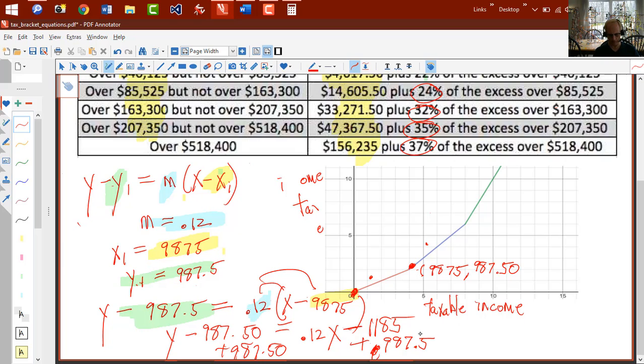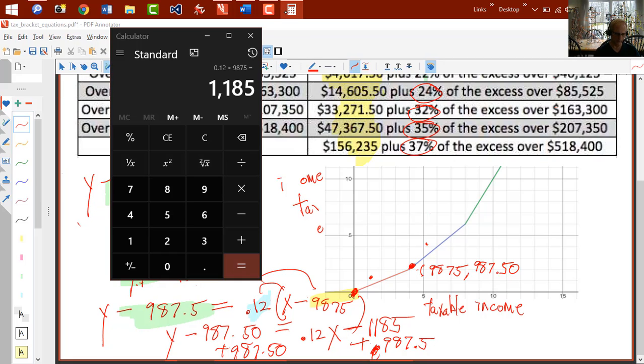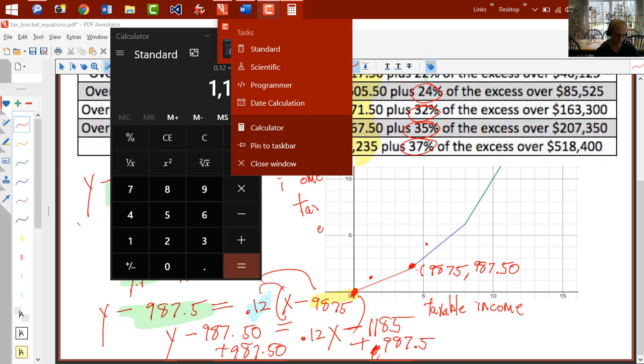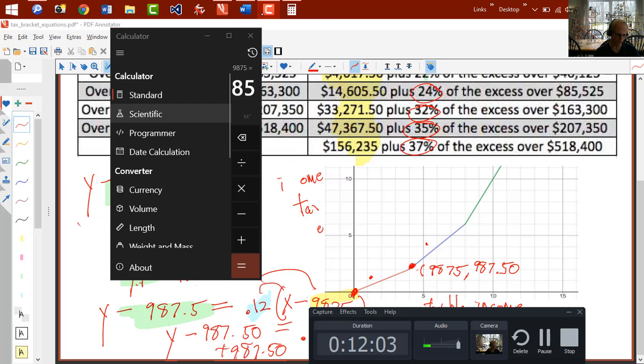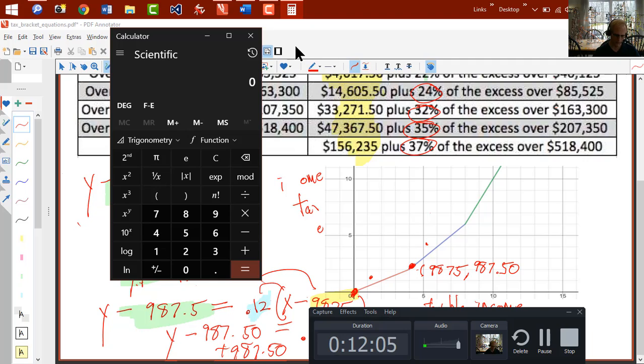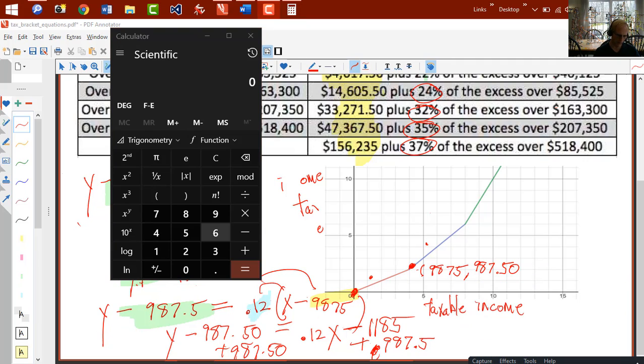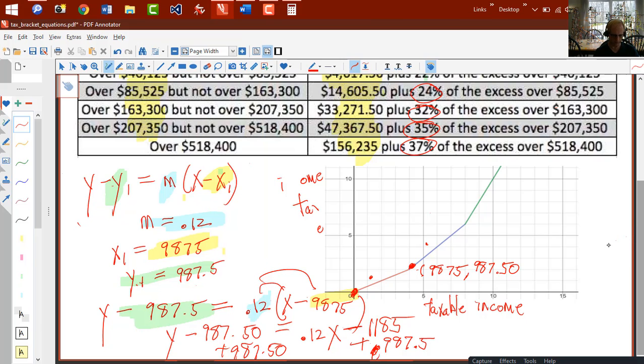Okay, so I have negative 1185 plus 987.5. Let's go to the scientific version. Okay, so now I get negative 1185 plus 987.5. And that's minus 197.5.